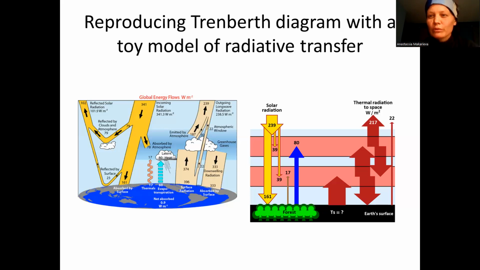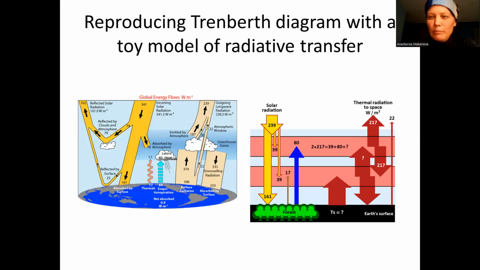Now, we want to calculate the Earth's surface temperature from these conditions, okay? So what do we do? First of all, we say that if the upper layer radiates 217 watts per square meter up, it also must do so down, okay?